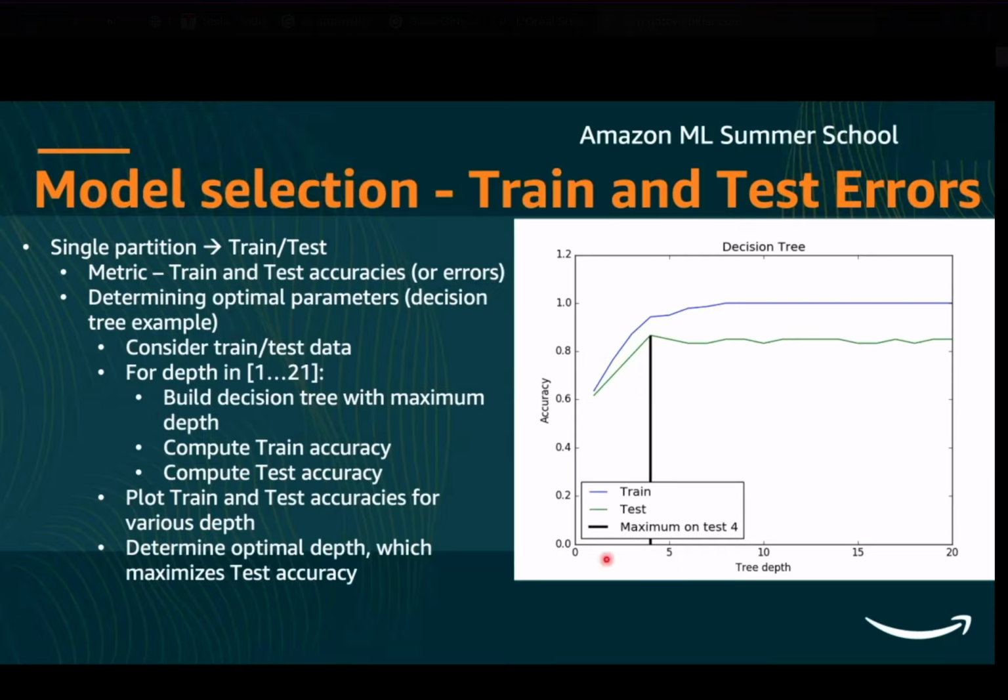For depth 1, the accuracy is 0.6. For depth 4, it's 0.9, and so on and so forth. And after this, the accuracy does not change much. So ideally, you would select this model as your best model because the train and test curves follow similar trends, and the best accuracy on the test you get here at 4.